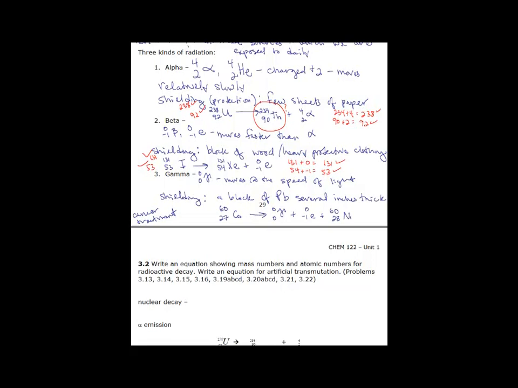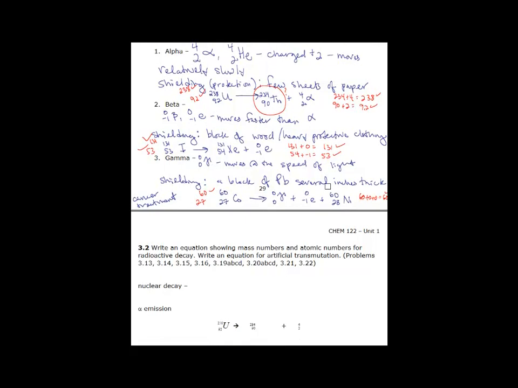If you add these up, you have 60 on the left, 60 plus 0 gives you 60, and then 27 over here, so that checks out, 60 and 60. And then -1 plus 28 gives you 27, so that checks out.